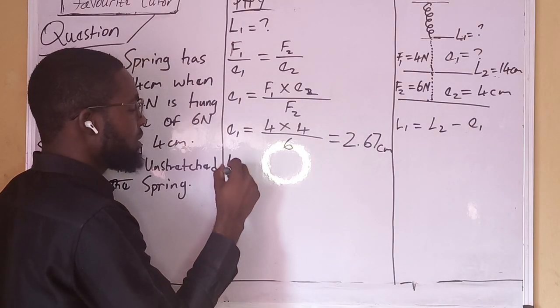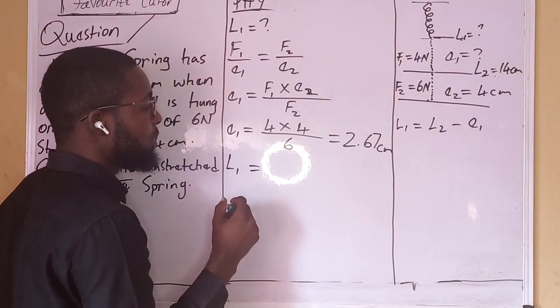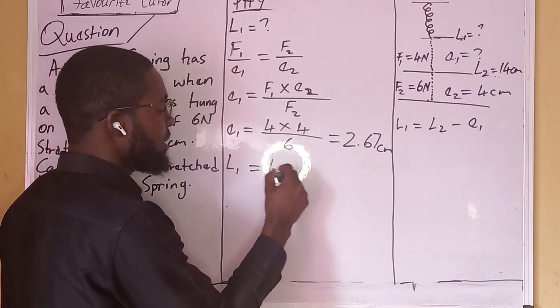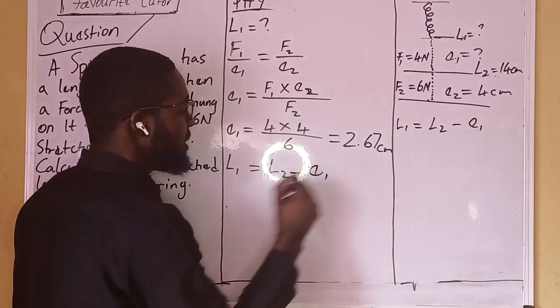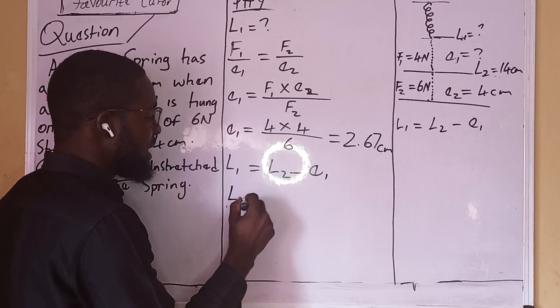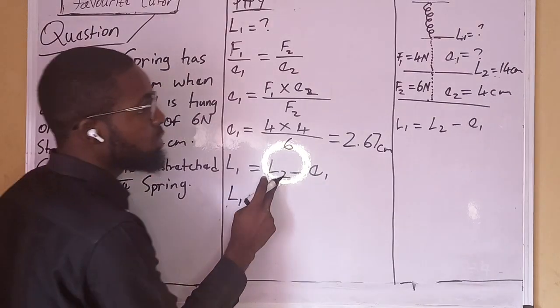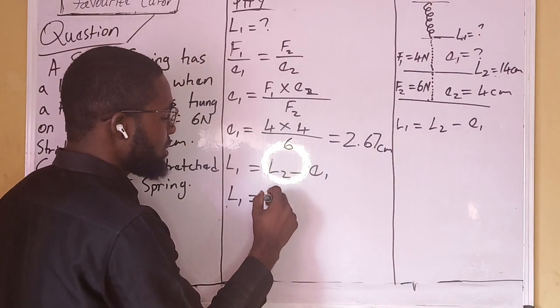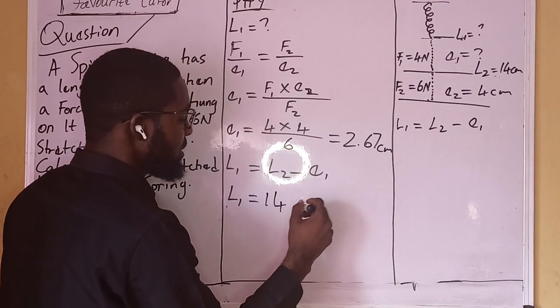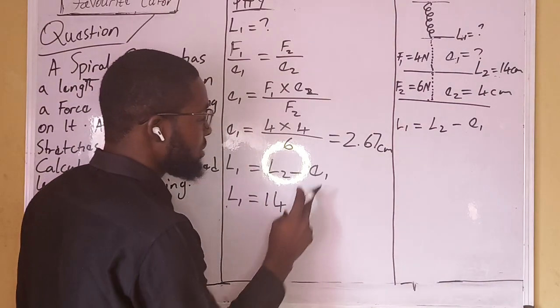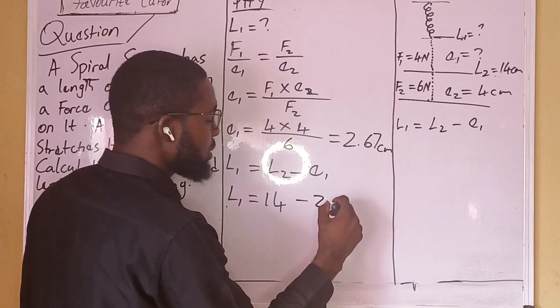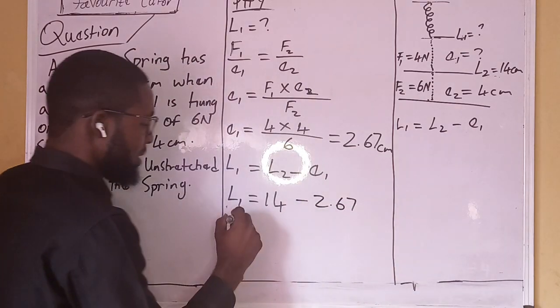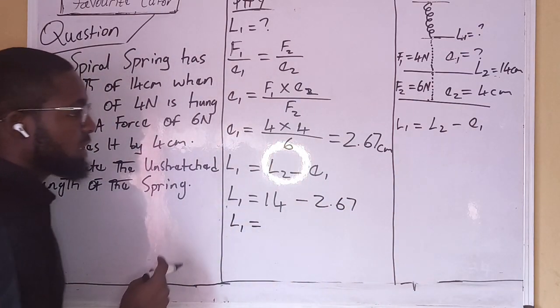Since we have E1, we know that the original length is therefore equal to L2 minus E1. So the original length is equal to, L2 is 14 centimeter, minus E1, which is 2.67.